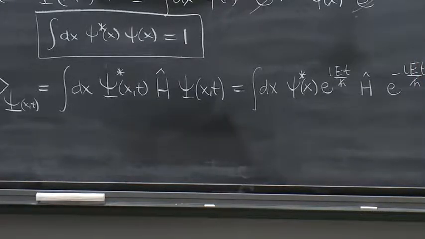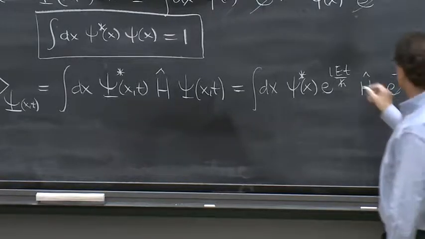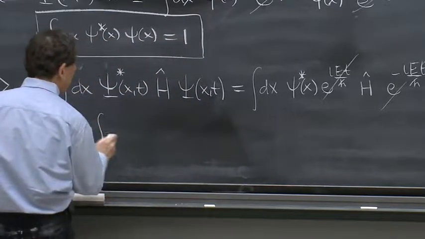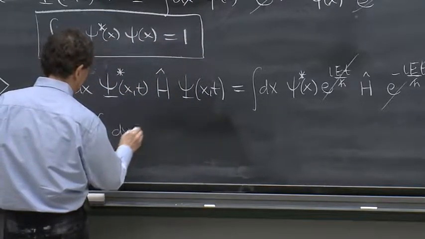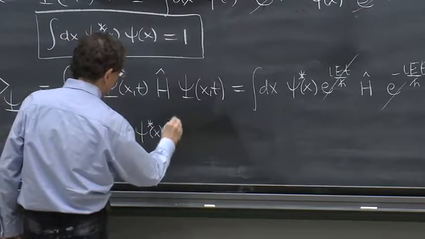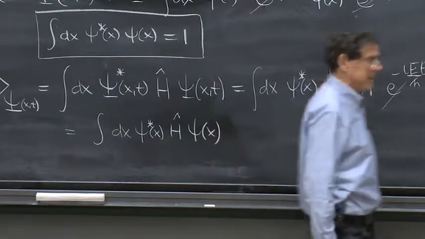And H hat couldn't care less about the time dependence. That exponential is irrelevant to H hat. That exponential of time can be moved across and cancelled with this one. And therefore, you get that this is equal to integral dx psi star of x H hat psi of x, which is a nice thing to notice.